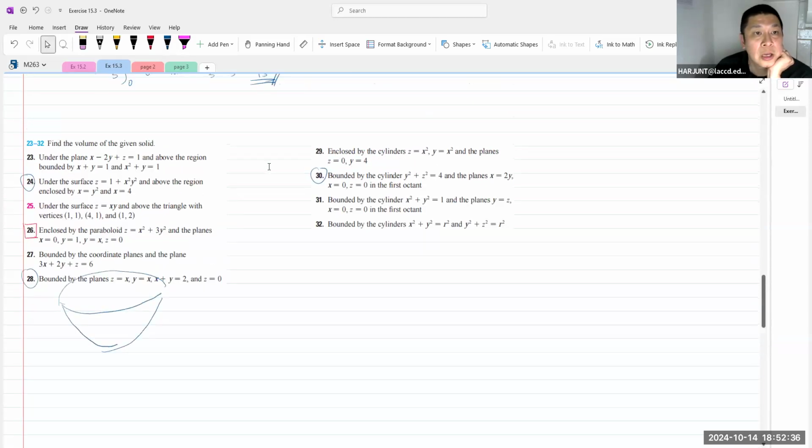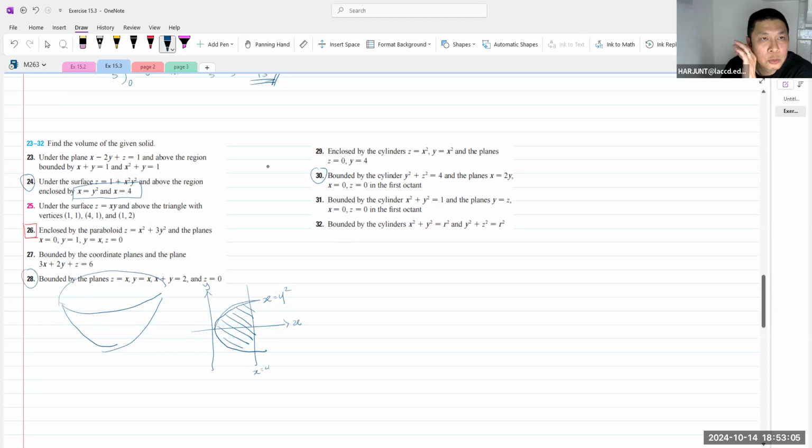Okay, and then above the region bounded by x equals y squared and x equals 4. So this is the domain of integration.